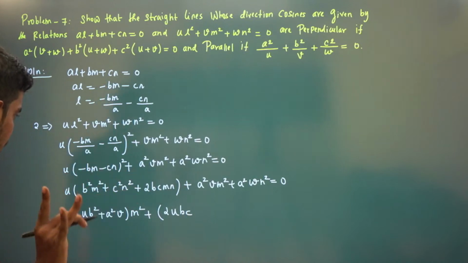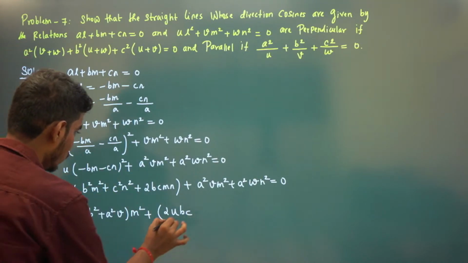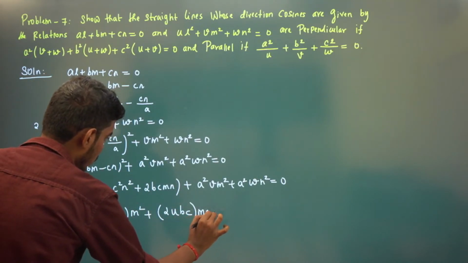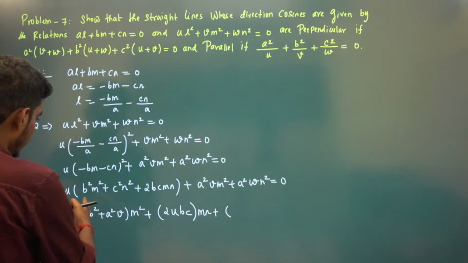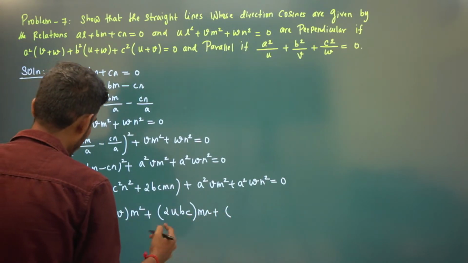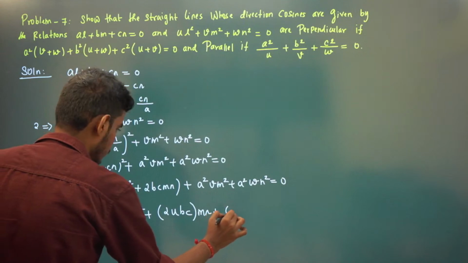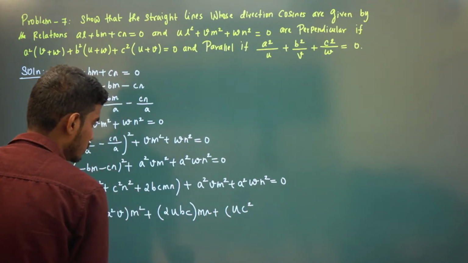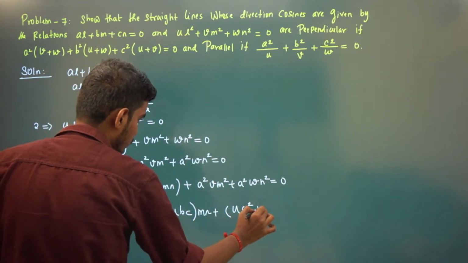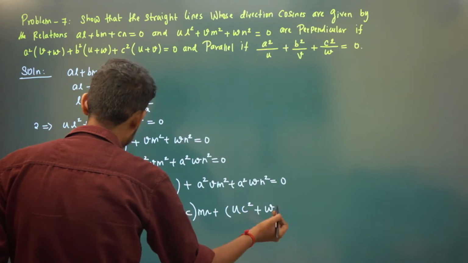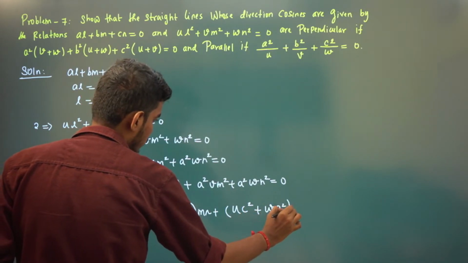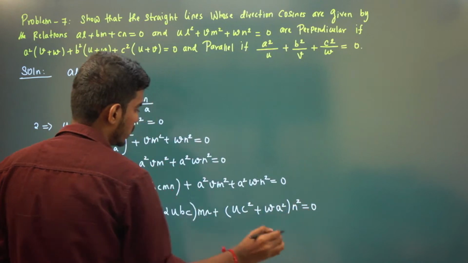There is only one MN term, yes. And if I take N square outside, we have UC square plus WA square, into N square is equal to 0.